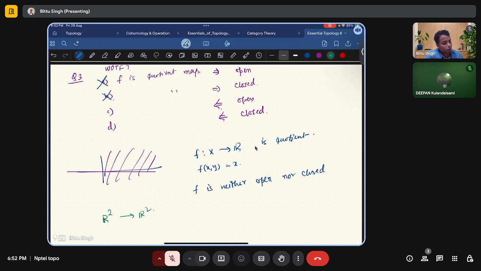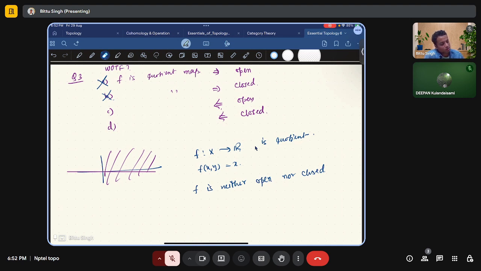R2 maps to R2, where (x, y) goes to, no, this is not actually an open map either. So we should be able to construct some open map which is not even surjective. That is the issue which will arise.